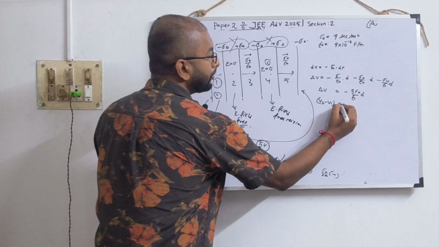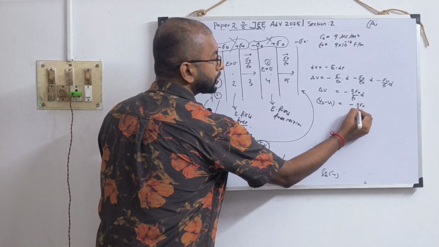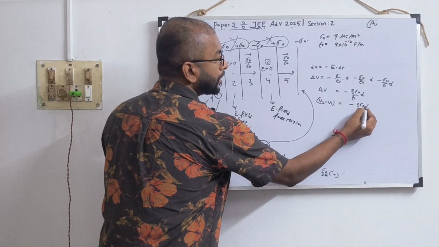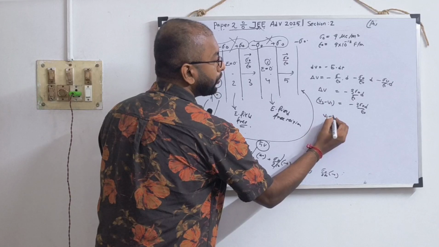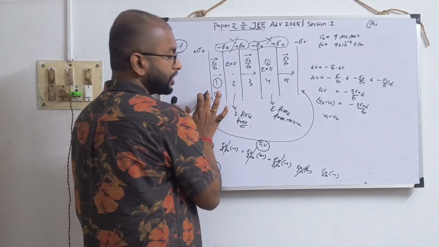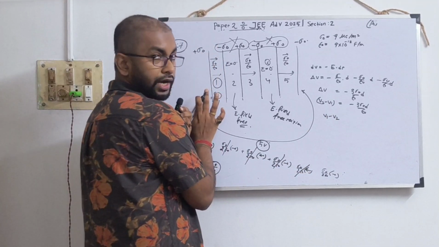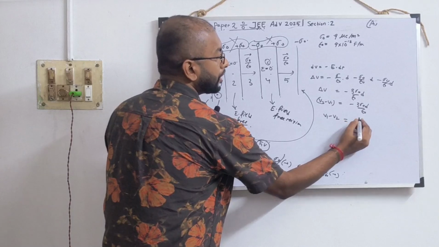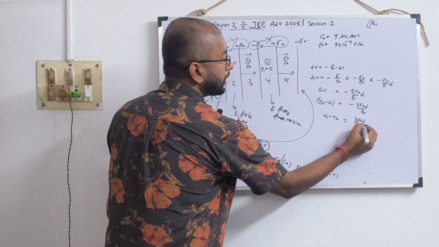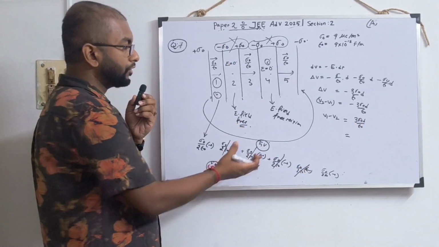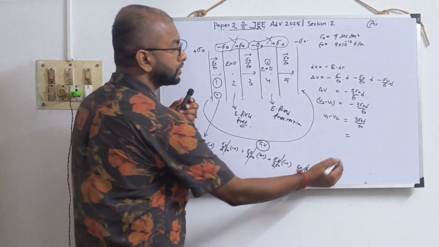So what does that mean? V2 minus V1 is minus 3 sigma naught d by epsilon naught, means V1 minus V2. That means this plate, the plate number 1 is at the higher potential. It is becoming 3 sigma naught d by epsilon naught. So to find out the potential difference, let's put the values.